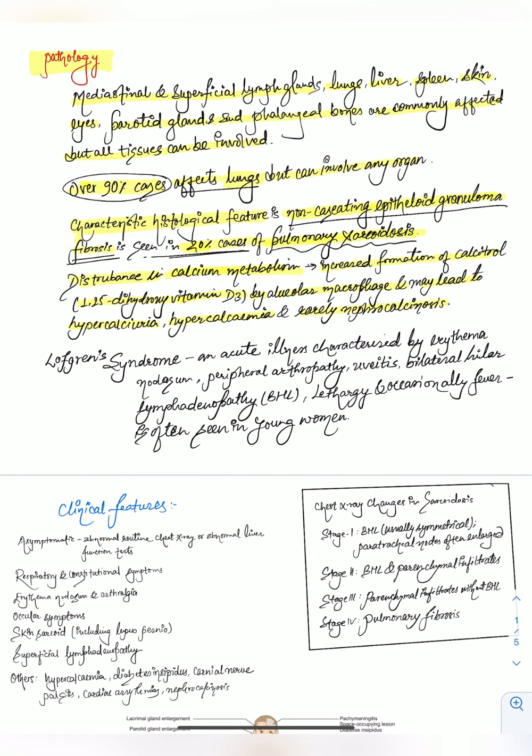The metabolic disturbance causes increased calcitriol formation, leading to hypercalciuria, that is calcium in the urine, hypercalcemia, that is calcium in the blood above normal, and nephrocalcinosis.